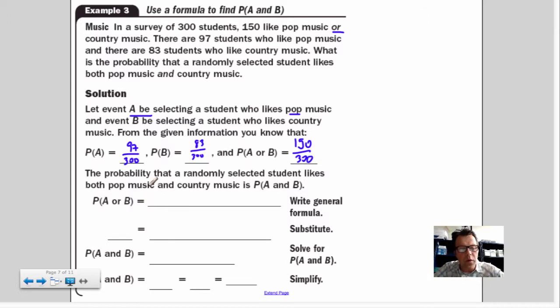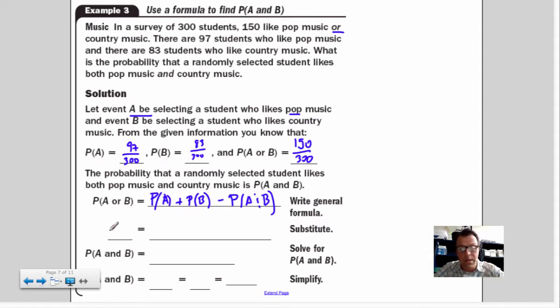And so using the formula, we're basically going to say P of A plus P of B, and then subtract away the P of A and B. And so realize we know this, we know this, we know this.